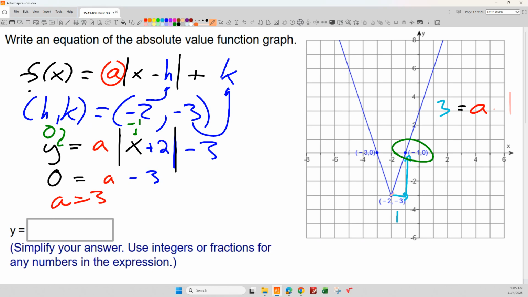So when we plug 3 in, we plug -2 in, we plug -3, and we plug all those values in for A, H, and K, we just get that. Take your pick. First way's quicker. It's quicker to just look at it as a dilation. Figure out what the dilation had to be by comparing to the parent graph.